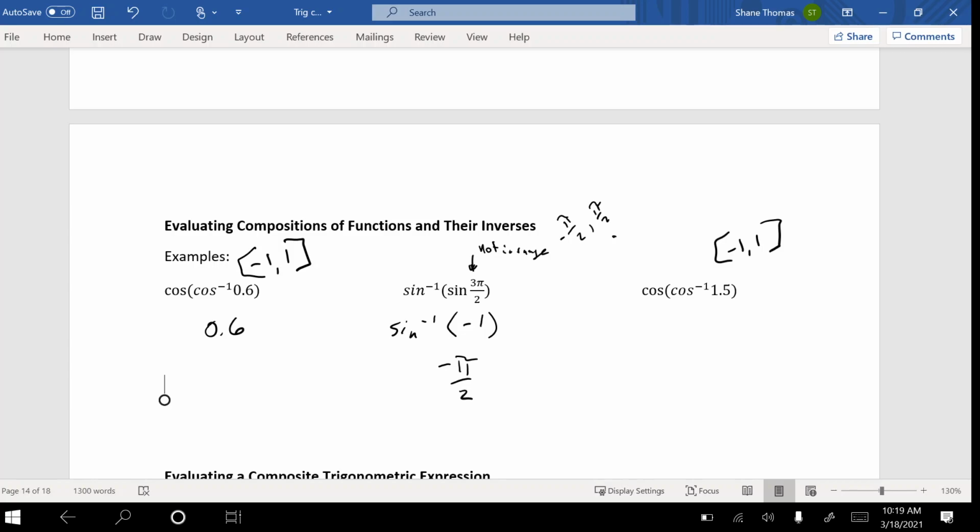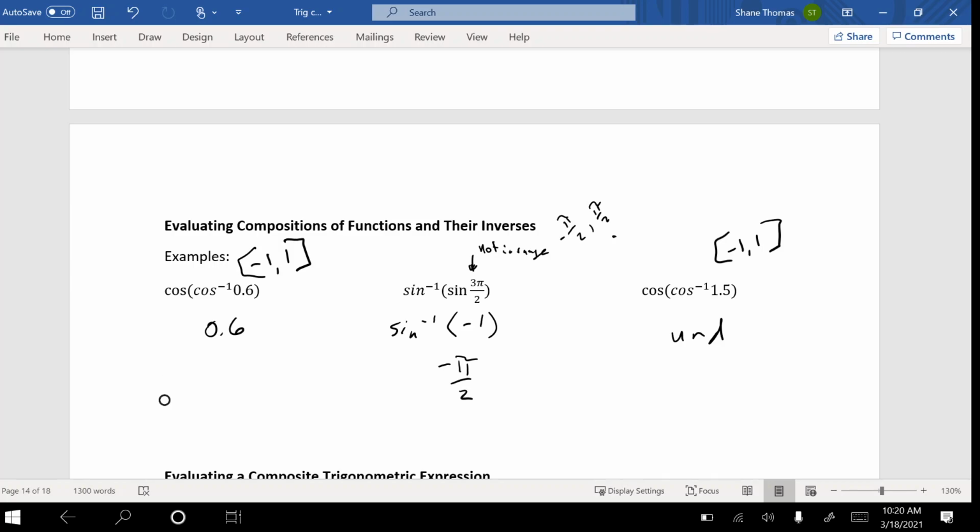It's not on our charts because it's outside the range. Therefore, undefined. All right, done. Right there, done. Undefined. If it was a normal cosine, we could figure that out. With a 1.5, not so much.